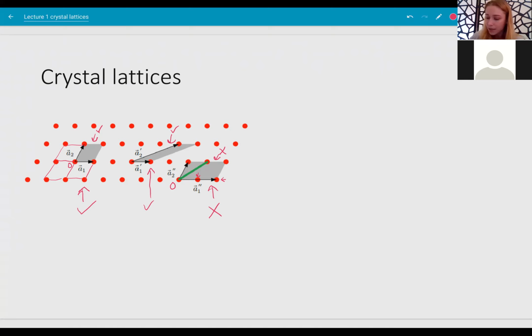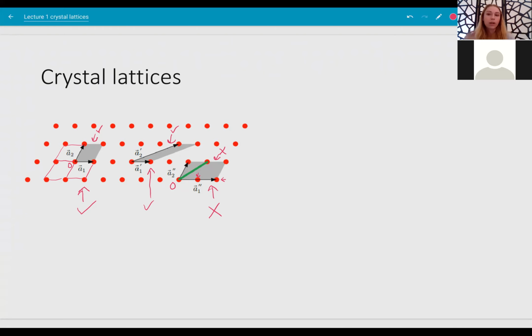So inside this gray parallelogram, it only has 1/4 of each lattice point, but it has one at each of the four corners.